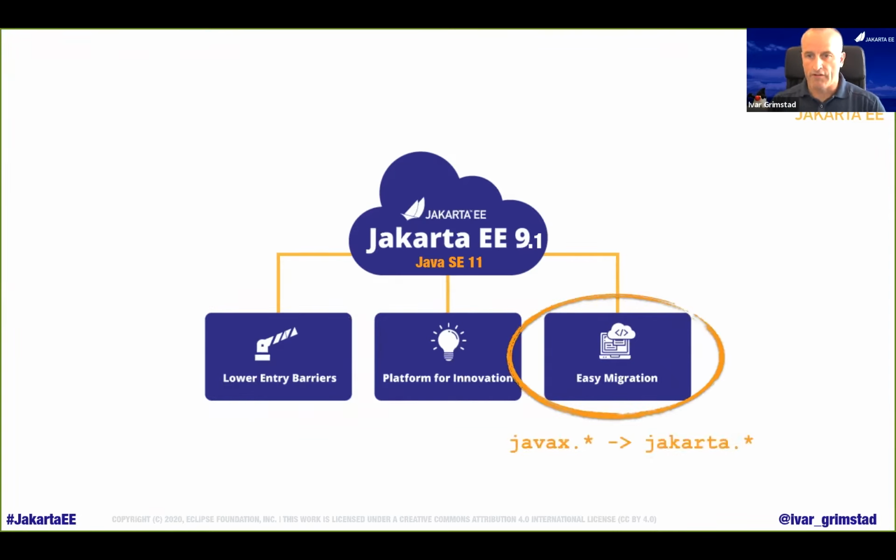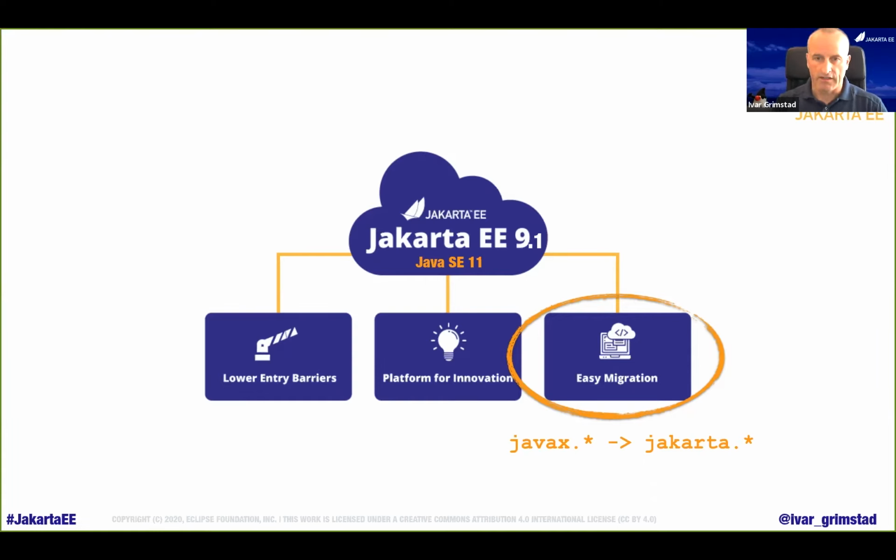The other focus area we have is easy migration from previous versions of Java EE and Jakarta EE. And the reason why we have to do this is because we did the namespace change from javax to jakarta for all the Java packages, for all the properties and the XML namespaces.